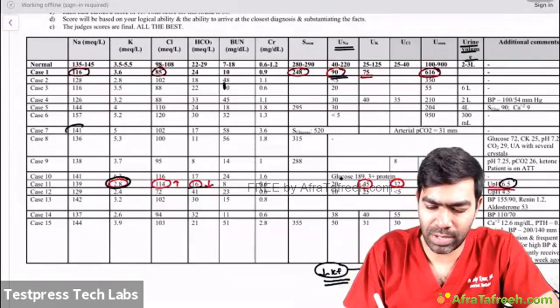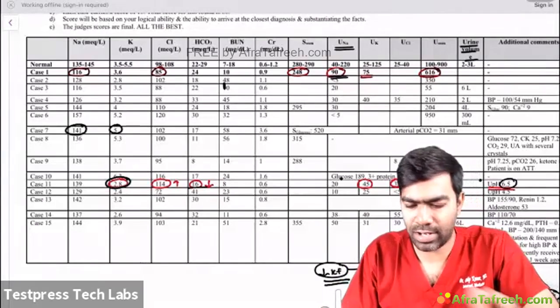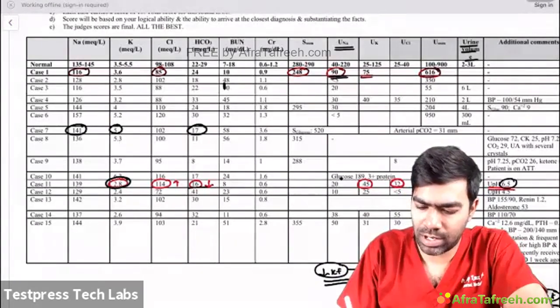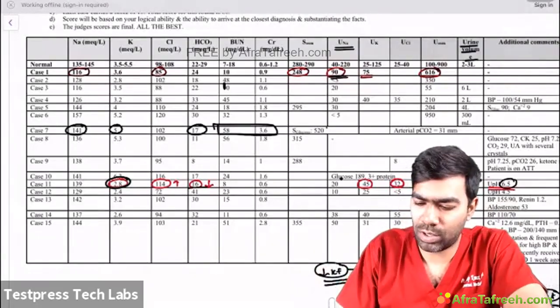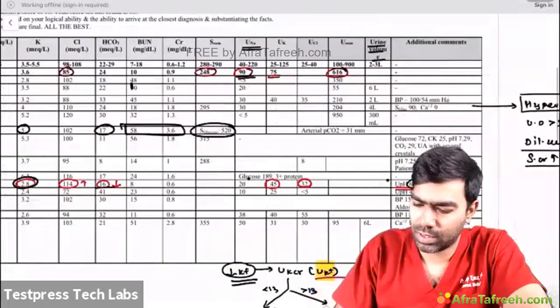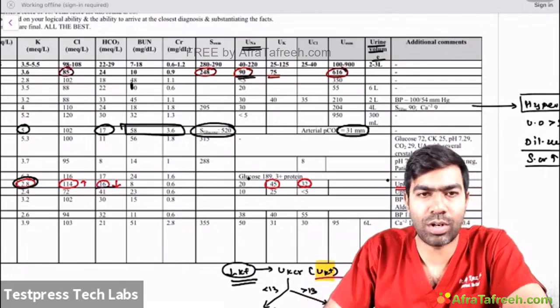The sodium, which is more than 140, is maybe borderline high. Potassium 5, chloride okay. Definitely this patient is having acidosis, and BUN creatinine ratio is seriously elevated: 58, 3.6. Blood glucose is 520, and arterial PCO2 is 31, so having some sort of low CO2 going on.